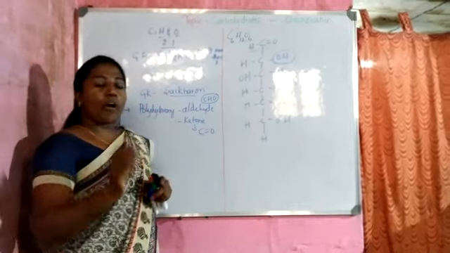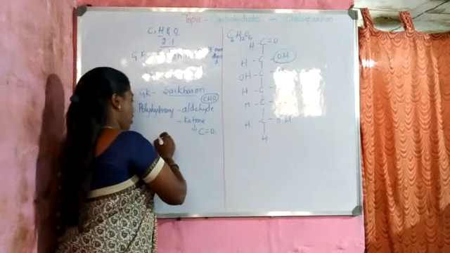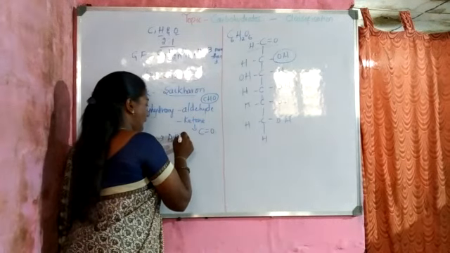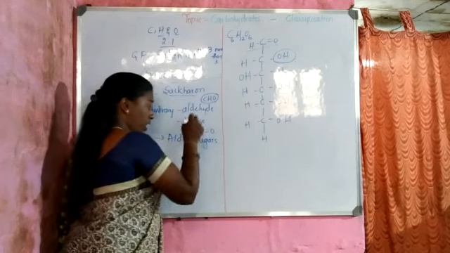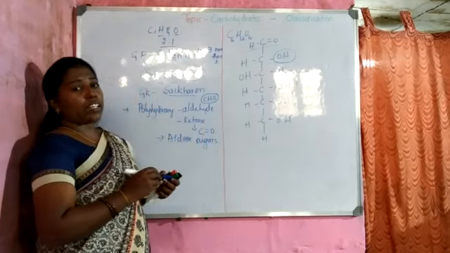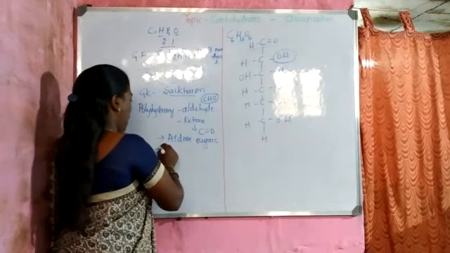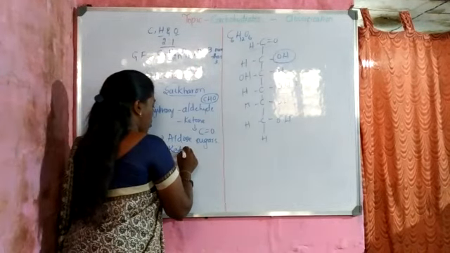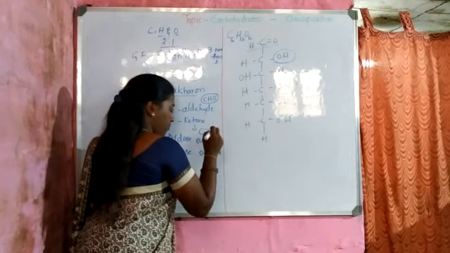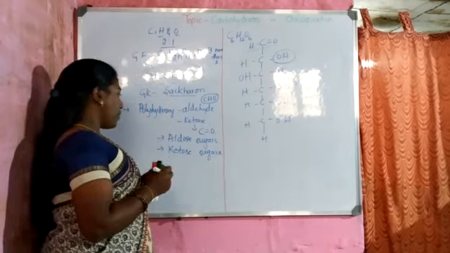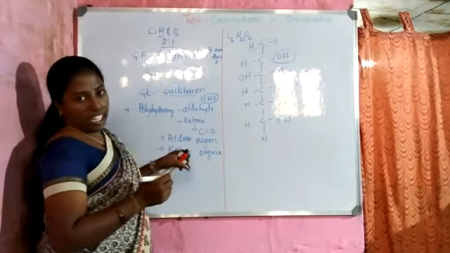If a carbohydrate has an aldehyde as a functional group, we call it an aldose sugar. If a carbohydrate contains a ketone as a functional group, we call it a ketose sugar. Is it clear?